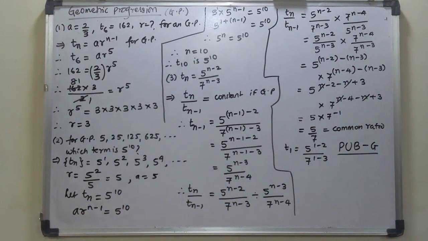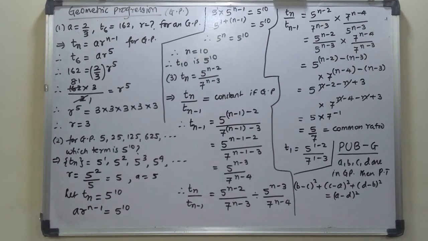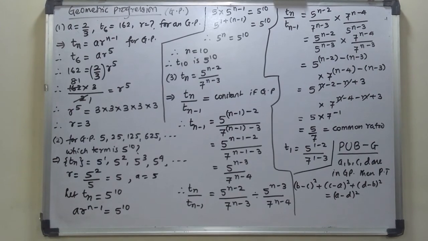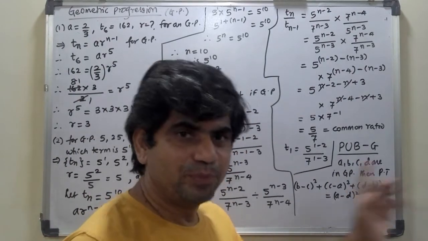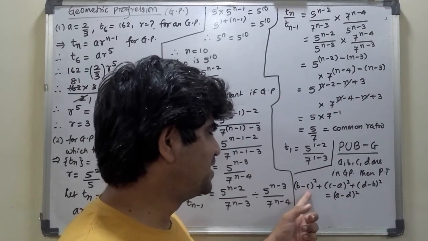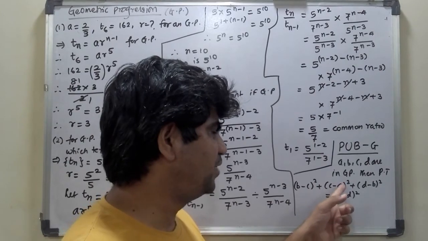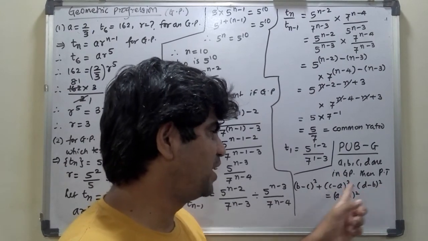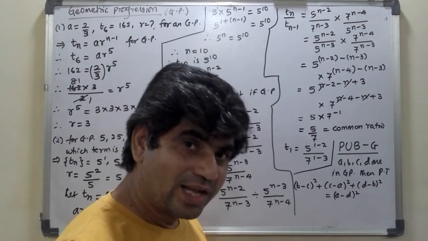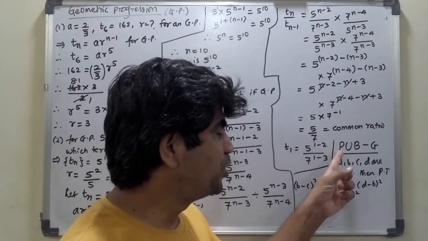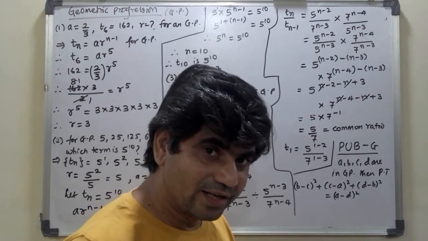The question you will try on your own: A, B, C, D are in GP. Then you have to prove that b minus c the whole square plus c minus a the whole square plus d minus b the whole square is actually a minus d the whole square. So get ready to push your brain to greatness.